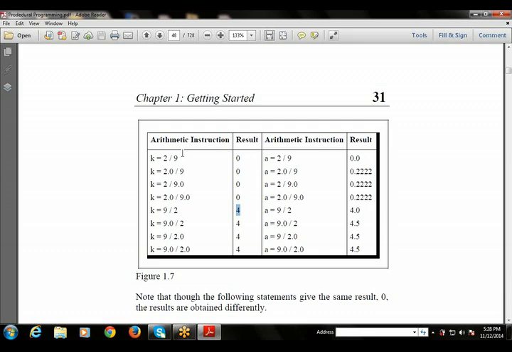Then 9.0 divided by 2, the result is also 4. 9 divided by 2.0, the result is also 4. In the same way, when we divide two real constants, 9.0 and 2.0, that also gives the output 4. In the same way, 2 divided by 9 is 0. 2.0 divided by 9 is 0.222.